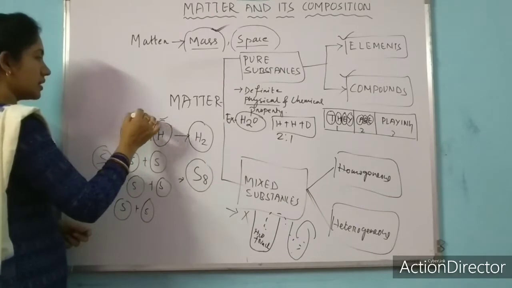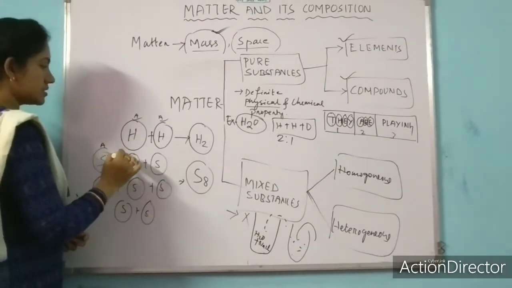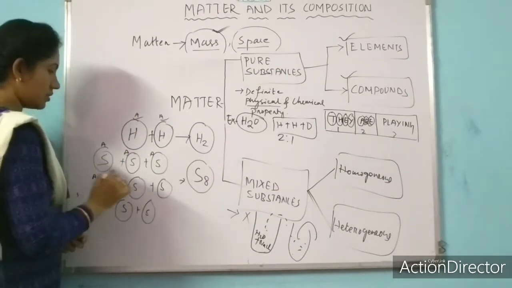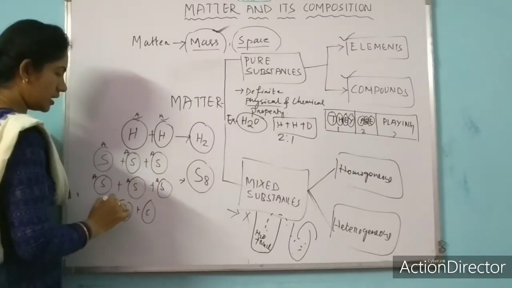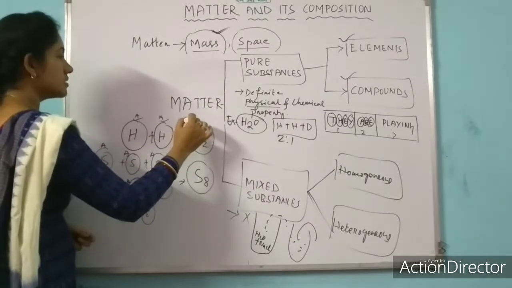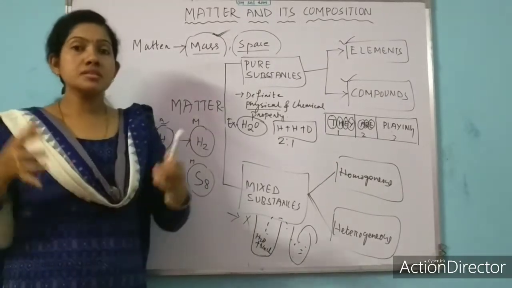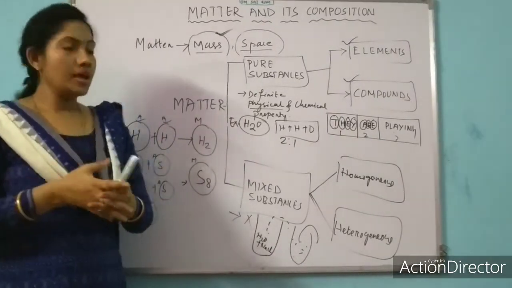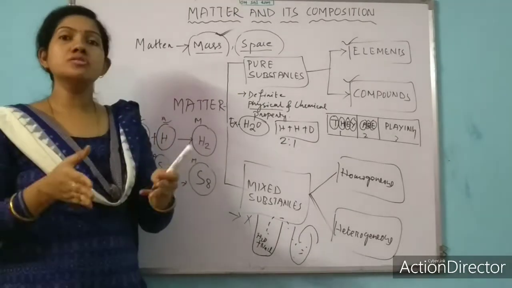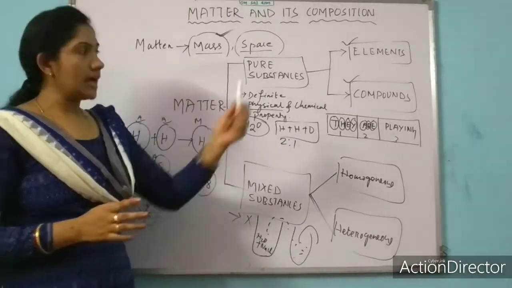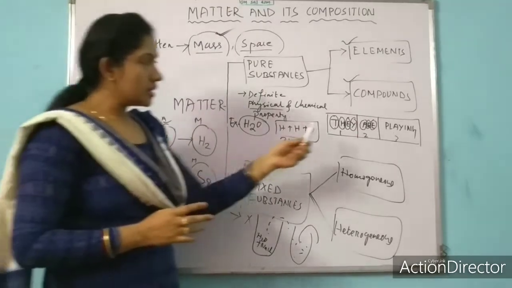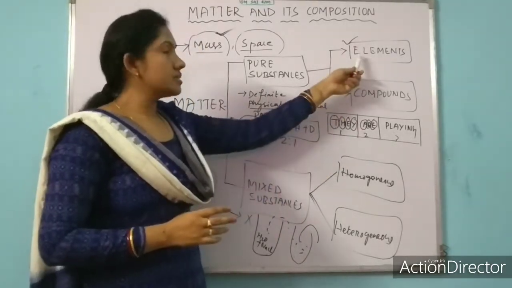These are the atoms, these all are the atoms. And what is this? This is a molecule. Understood? Atoms combine to form a molecule, and molecules combine to form what? Element.